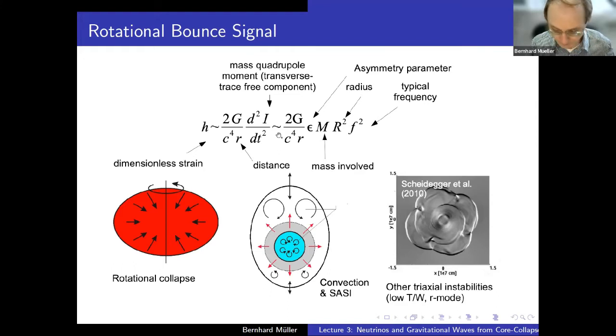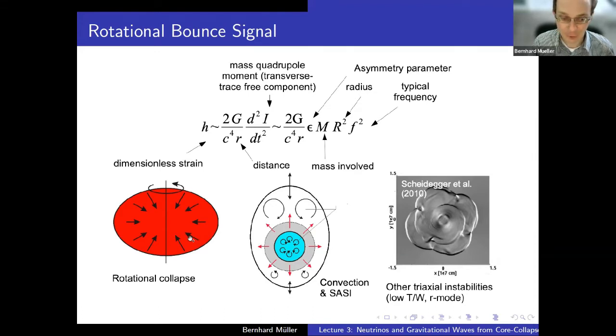Now we'll go through the various physical phenomena that give rise to a changing quadrupole moment in more detail, but just as an overview, you can basically classify the processes in, let's say, 2 or 3 different classes. The one obvious way towards a changing quadrupole moment is to have a permanent deformation of the core in the presence of rotation.